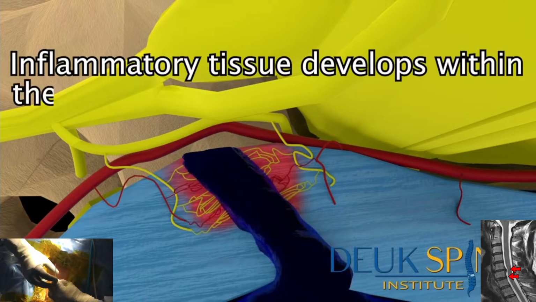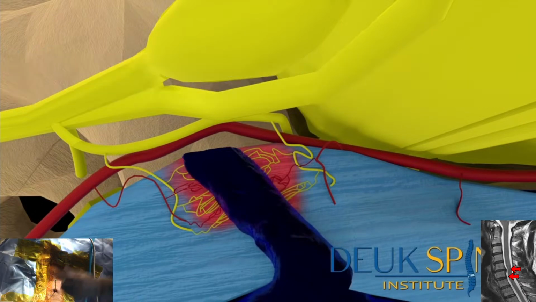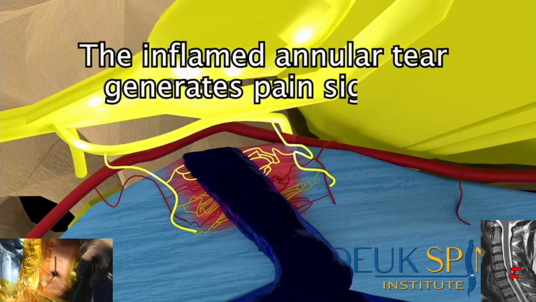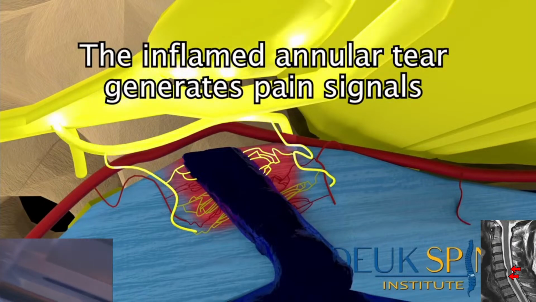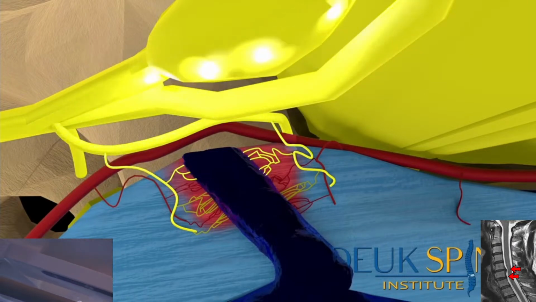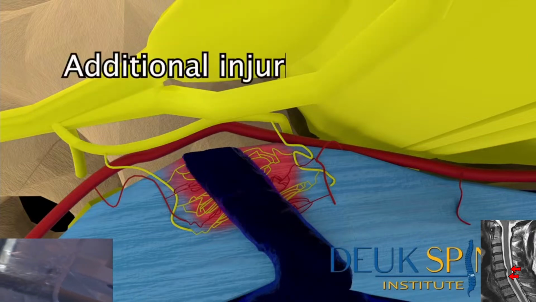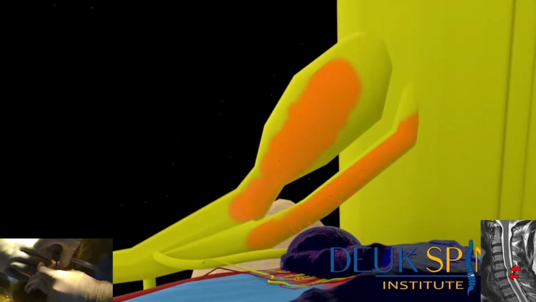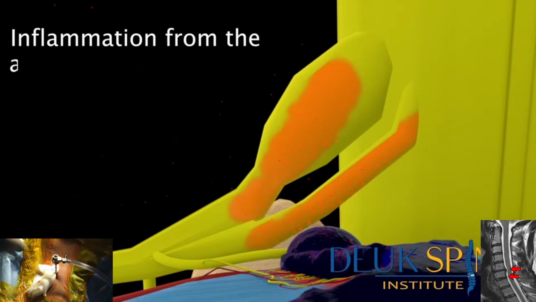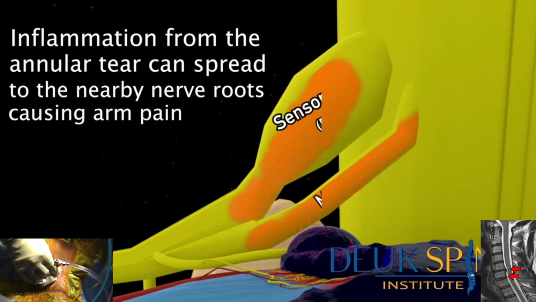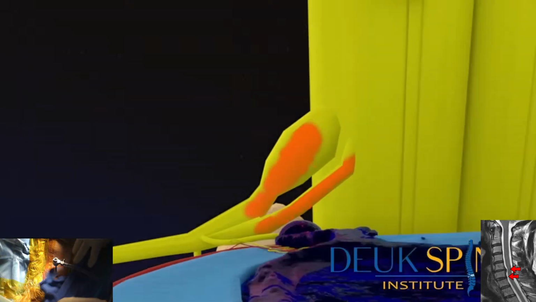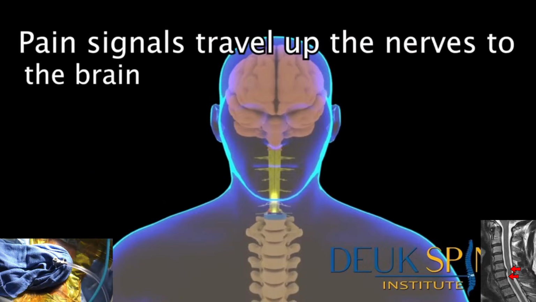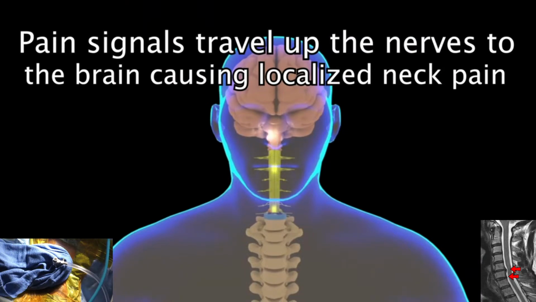Inflammatory tissue develops within the annular tear, causing neck pain. The inflamed annular tear generates pain signals. Additional injuries can cause worsening symptoms. Inflammation from the annular tear can spread to the nearby nerve roots, causing arm pain. Pain signals travel up the nerves to the brain, causing localized neck pain.